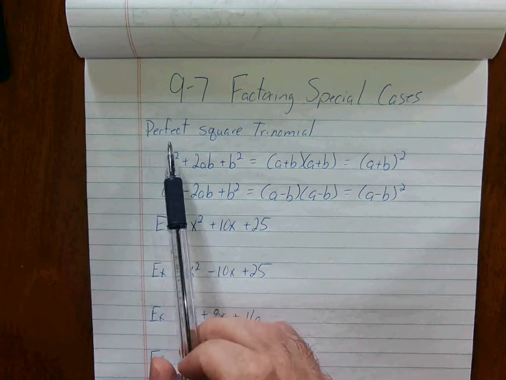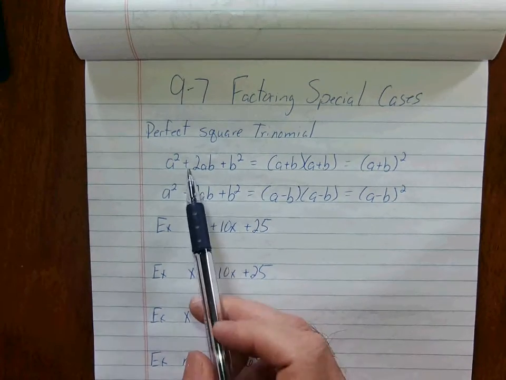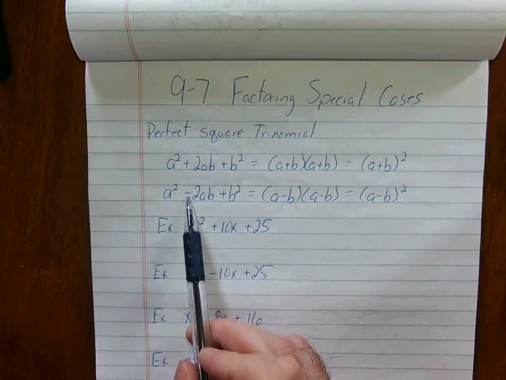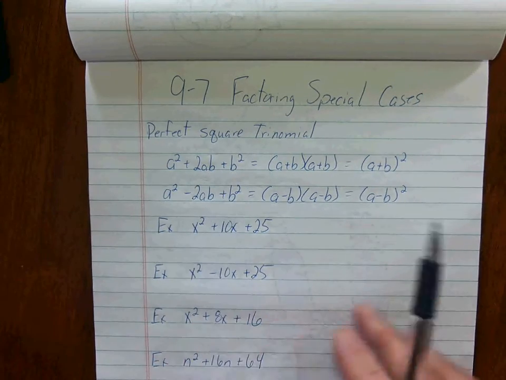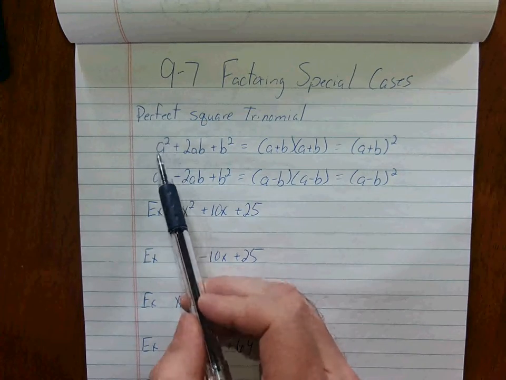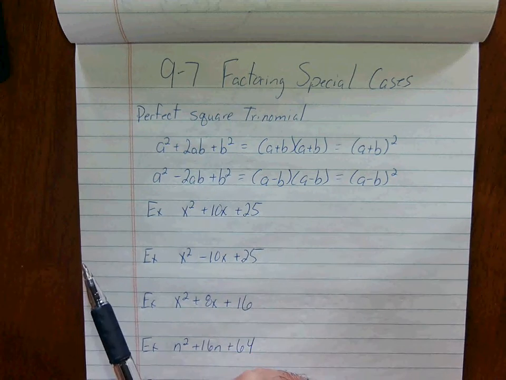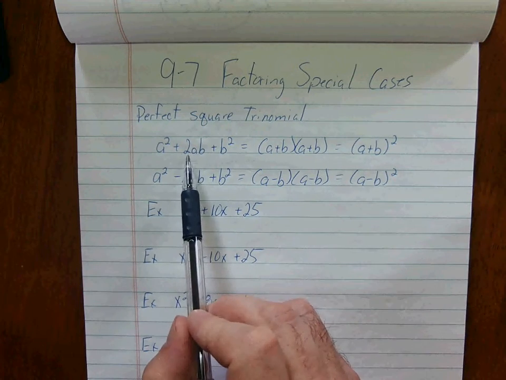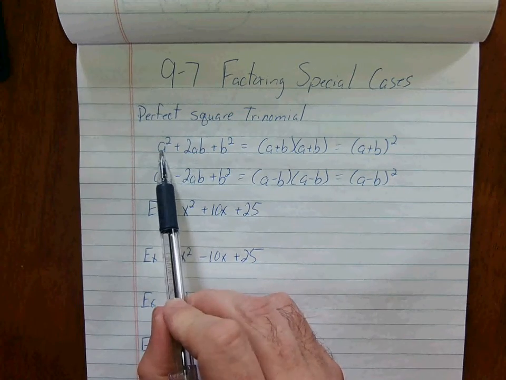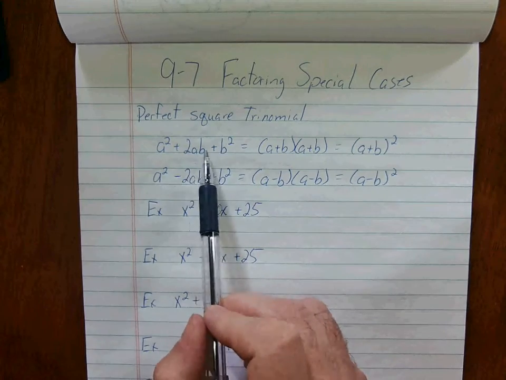And we're going to start off here with the perfect square trinomial, and there are two types of them. There's one with all positive, all plus signs, and then one with a minus in the middle and a plus at the end. Now the way that these work is this term and this term are both perfect squares, and this one here is going to be twice the first variable times the second one, the a and the b.